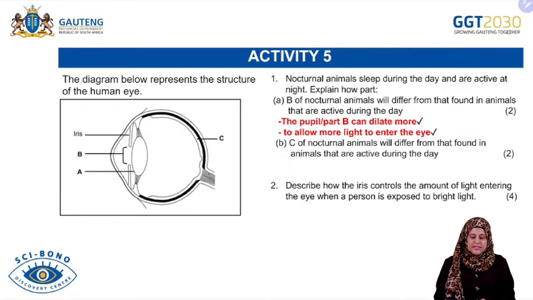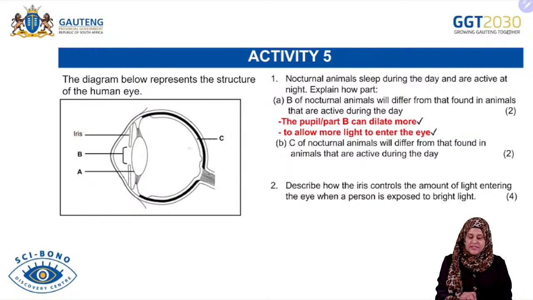Then we look at part C. This is part C here at the back. How will it in nocturnal animals differ from that found in animals that are active during the day? Nocturnal animals are active at night. That means they need to see at night. So how will this part C differ? Part C is the retina.